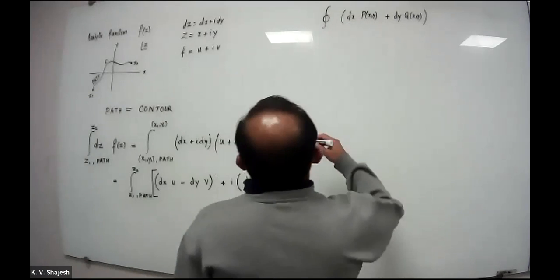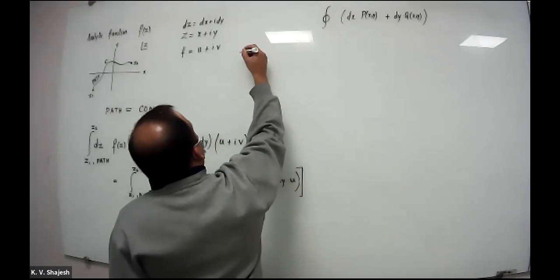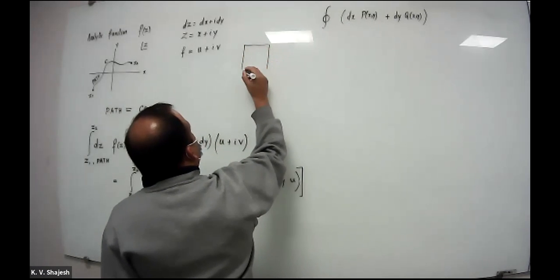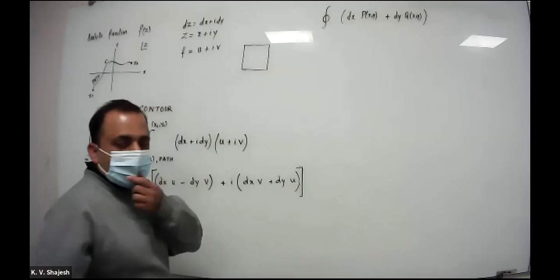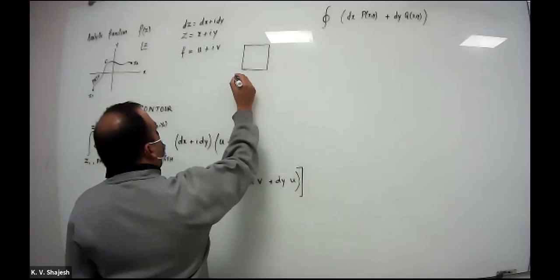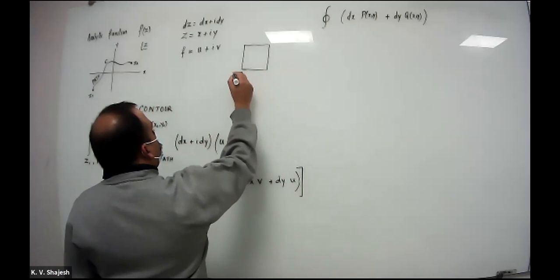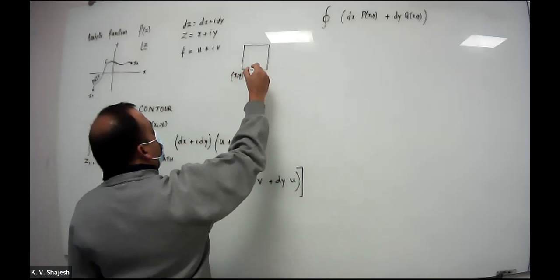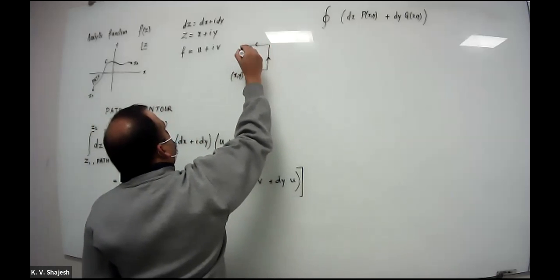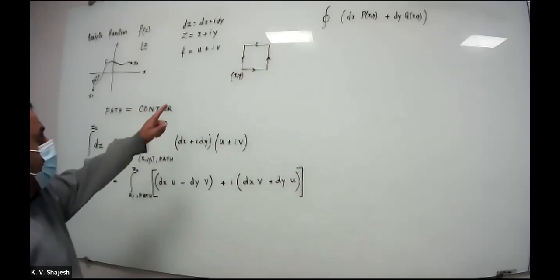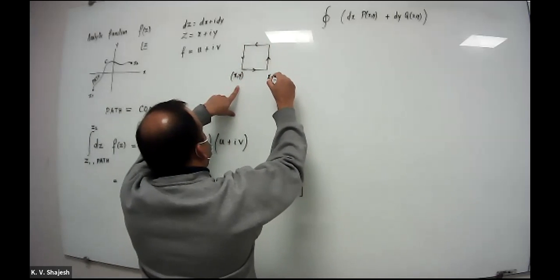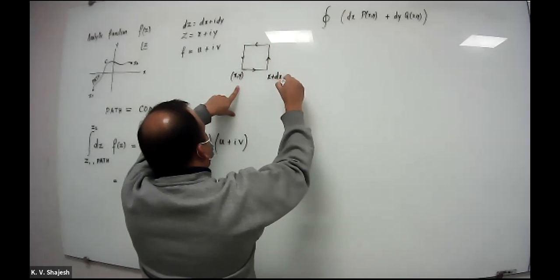So let's actually make a small path instead of making a big path. So once you do it for any arbitrary path, you can actually always prove this. Let's say this is my xy point, and this is my closed path. I start from xy and go to x plus dx and keep the y the same.